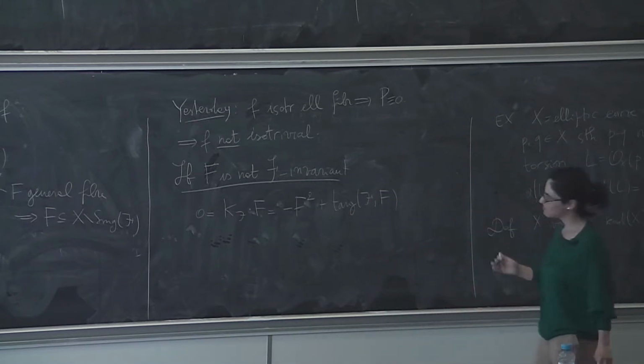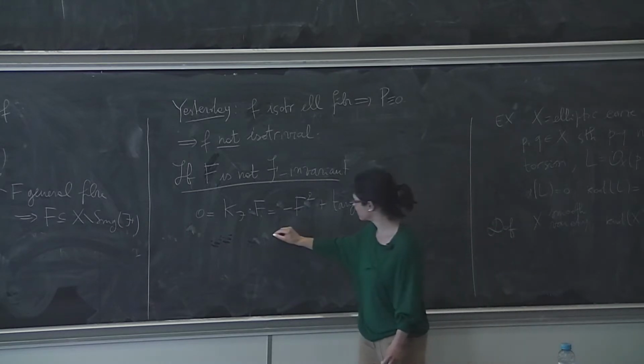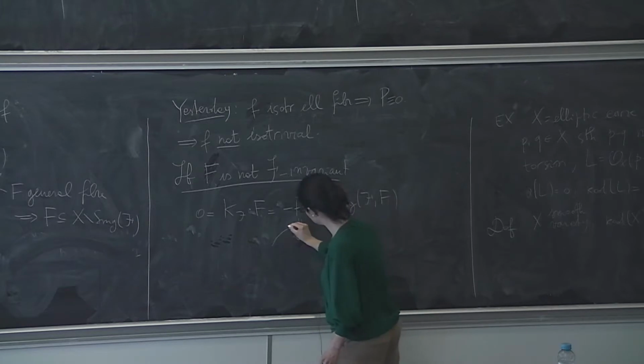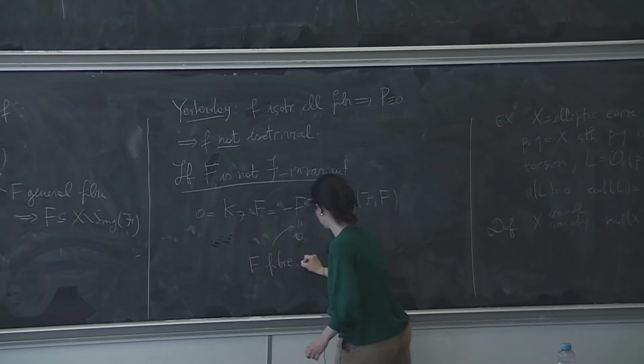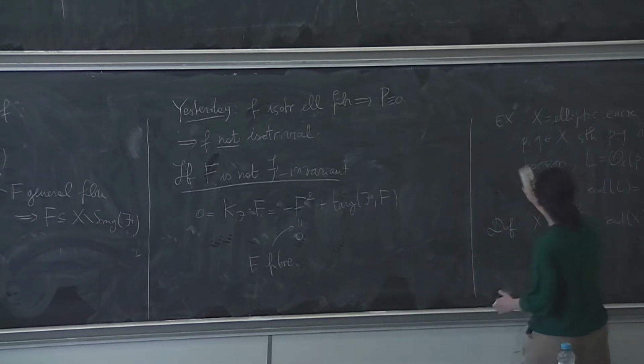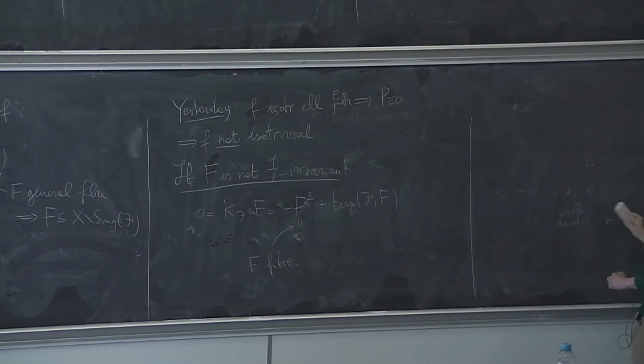And now F is a fiber of a fibration, so this is 0. So the fibration f and the foliation are transverse.